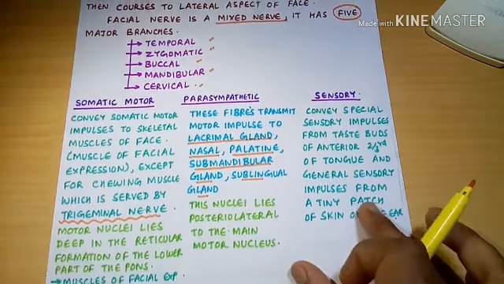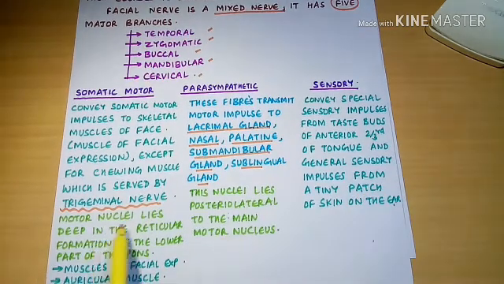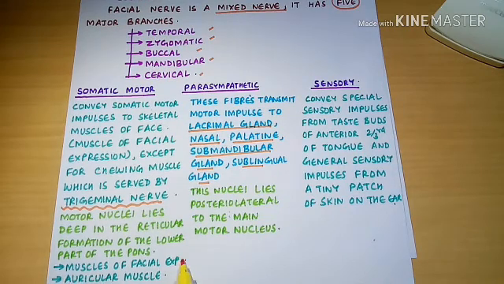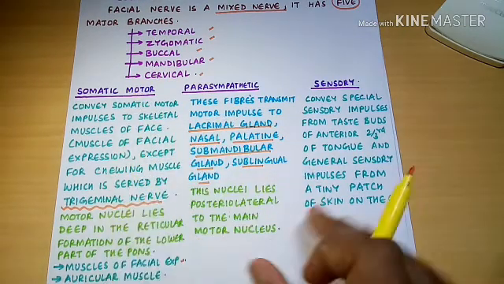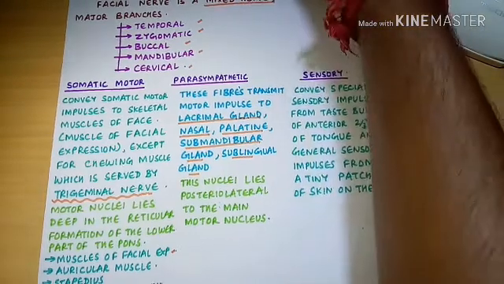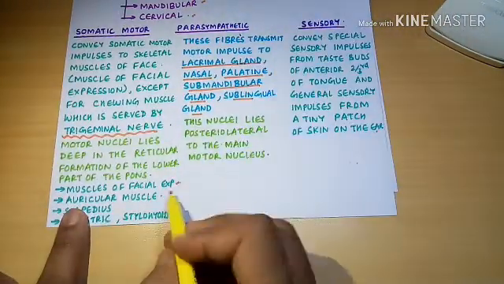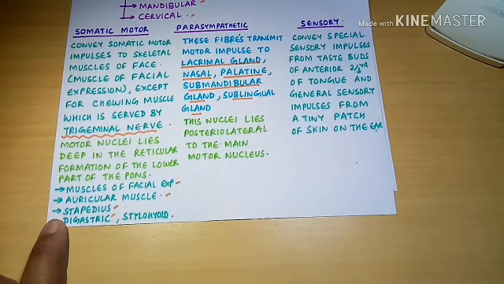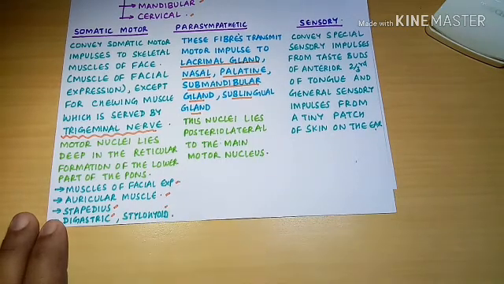These fibers supply the muscles of facial expression, the auricular muscles, the stapedius muscle, and the digastric muscle. It is the posterior belly of the digastric muscle which is supplied by the somatic motor fibers of the facial nerve, and the stylohyoid muscle.